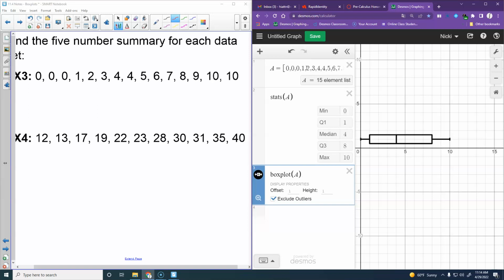Use parentheses instead of the brackets. Don't put parentheses around this A right here. And you need to use the square bracket, which is just the key without hitting shift. Hit that button.